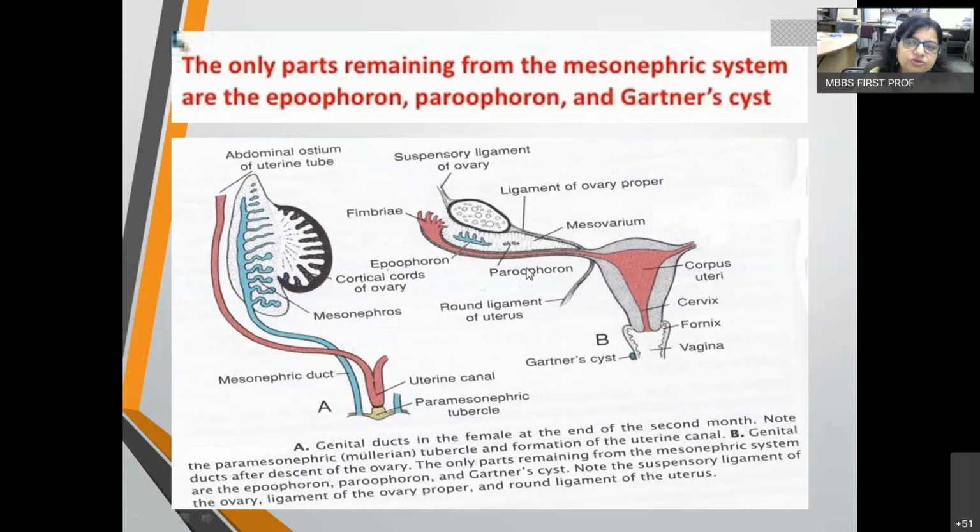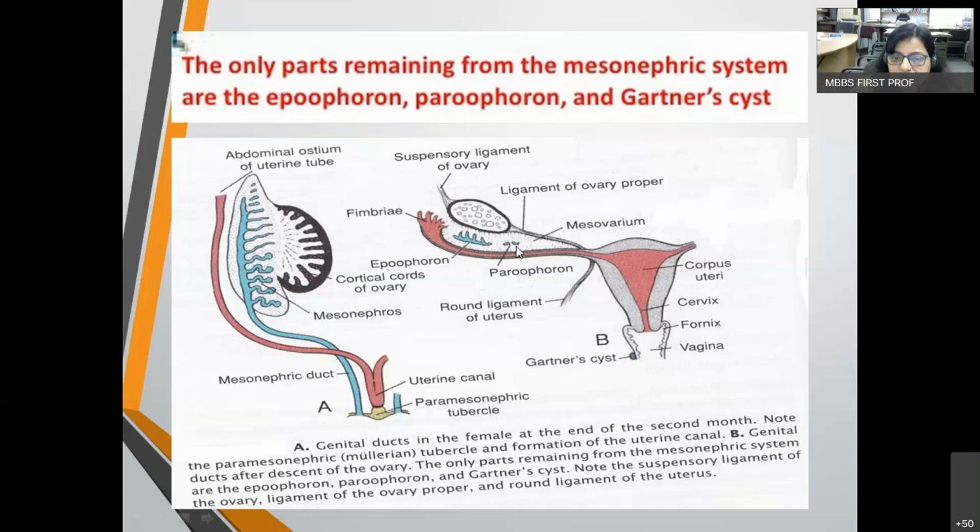Now, in case of mesonephric system, the mesonephric ducts, as you know, are retrogressing in the females, but certain remnants are formed from this mesonephric duct. These remnants are known as epoophoron, paroophoron, and Gardner's cyst. Epoophoron: epi is upon, oophoron is ovary. So, upon the ovary, it is epoophoron.